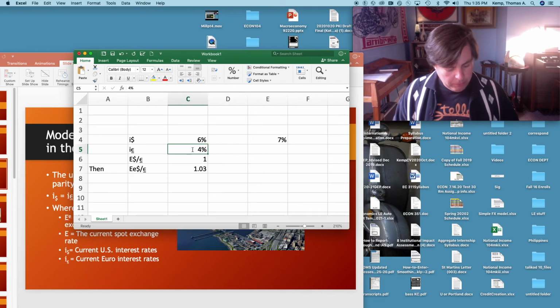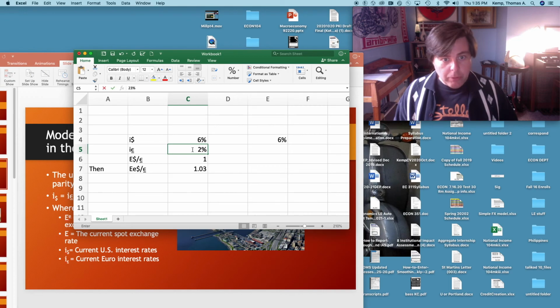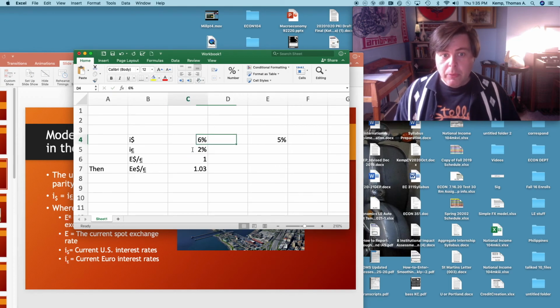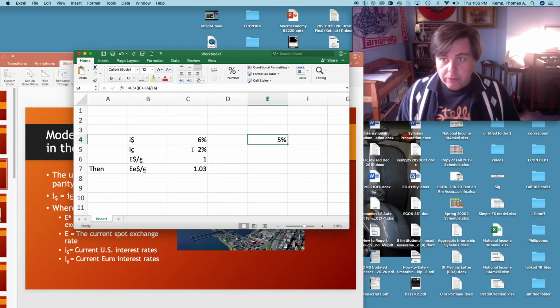If it's 3%, then the two returns are equal to each other and capital doesn't end up moving. If it's less than 3%, say 2%, then we find that the domestic return ends up being greater than the foreign return, and we would expect capital to flow into the United States at this point.